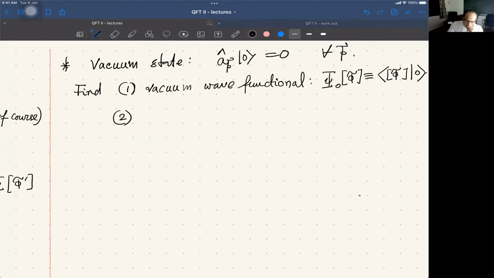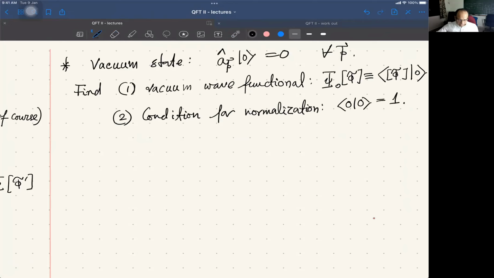And number two, the condition for normalization, which is this.